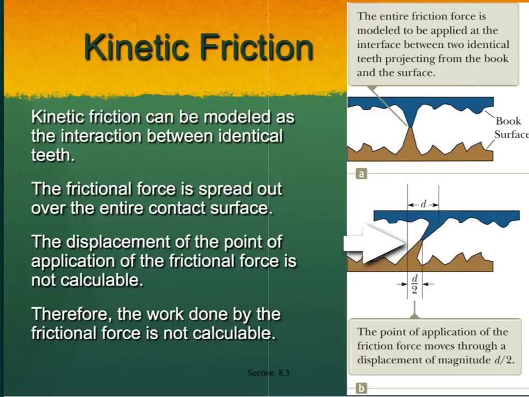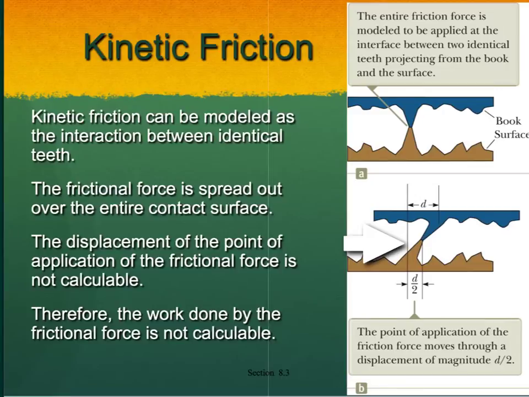In reality, the friction force is spread out over the entire contact area on an object sliding on a surface. So we know that the force is not localized at a particular point, and it's hard for us to model work for friction as a specific point of application of a force.